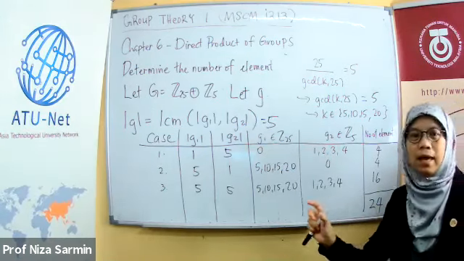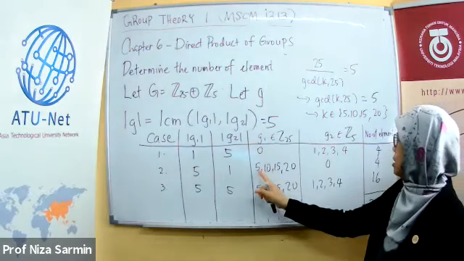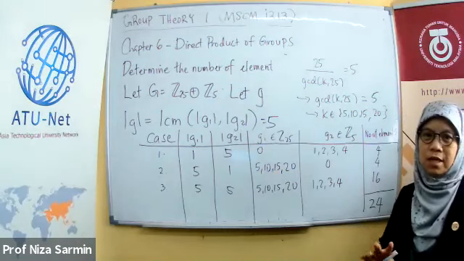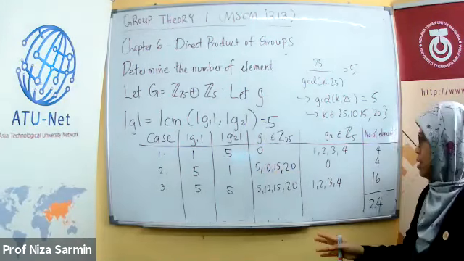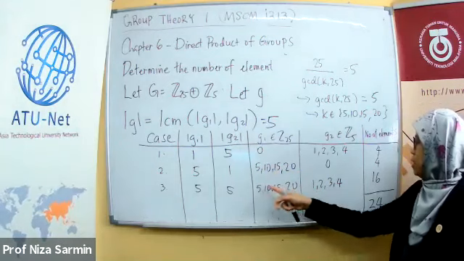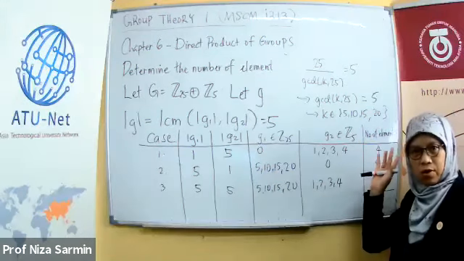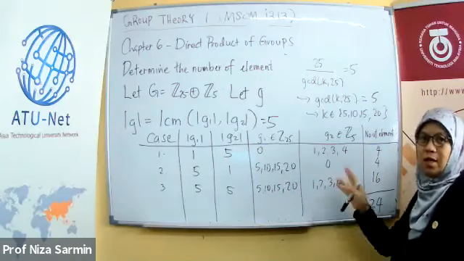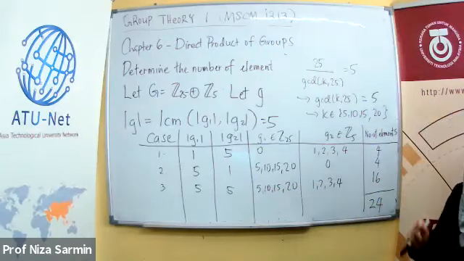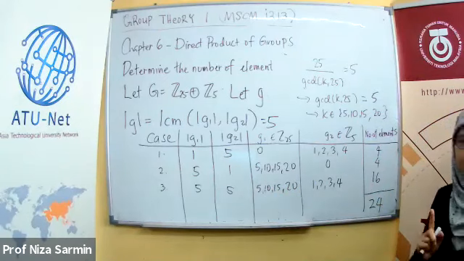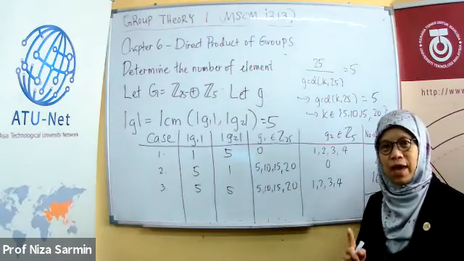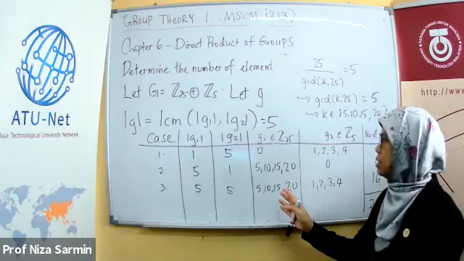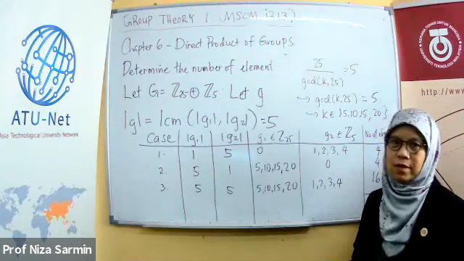All right, that is a pair. Then you will list 5, 0, 10, 0, 15, 0, 20, 0. That's another 4. And then you will list 5, 1, 5, 2, 5, 3, 5, 4, dot dot dot, 21, 22, 23, 24. That will be another 16. Okay, so we have 24 elements of order 5.